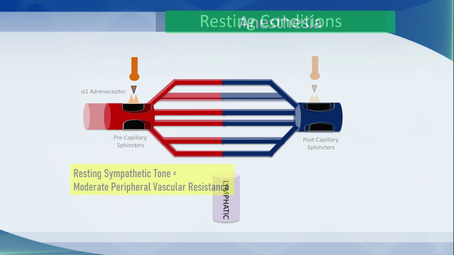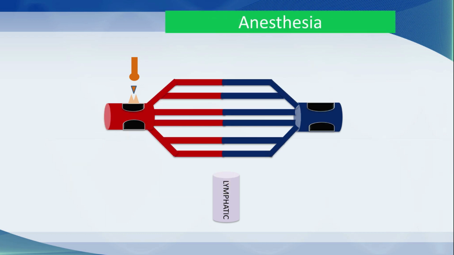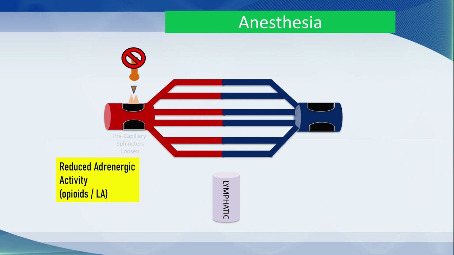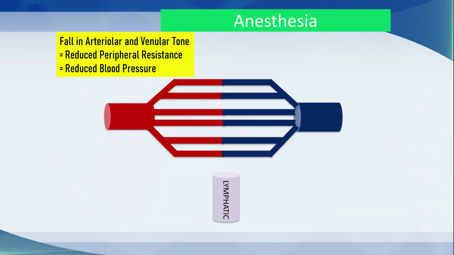And when anesthesia is delivered, some of the anesthetic agents are direct vasodilators, such as sevoflurane and propofol, but also we give these opioid agents that reduce the adrenal medulla's output of catecholamines. The net effect is less adrenergic tone, less adrenergic activity, and loss of the pre-capillary and post-capillary sphincter tone. Consequently, there is more flow into the microcirculation.